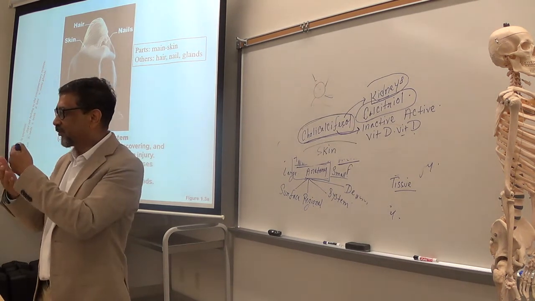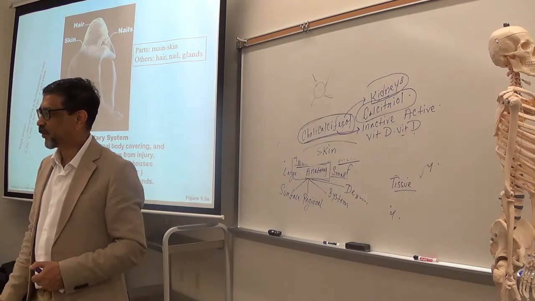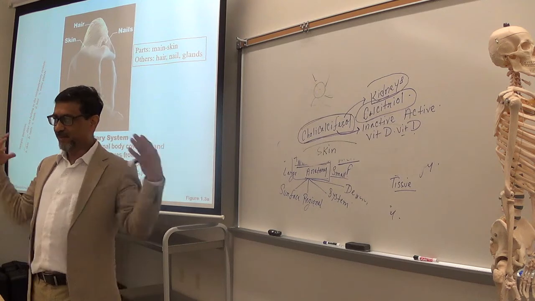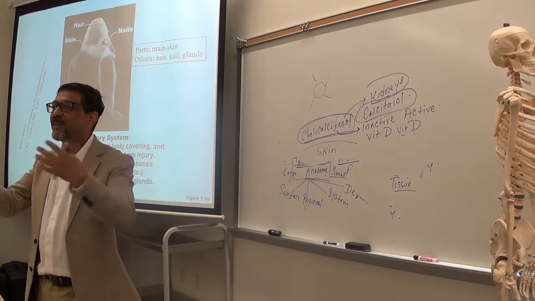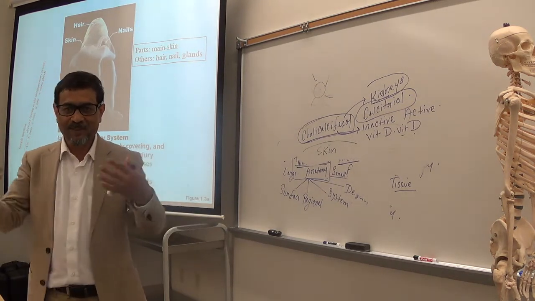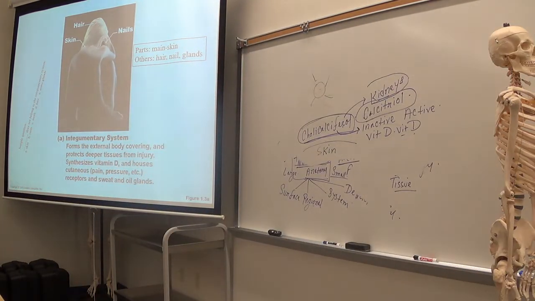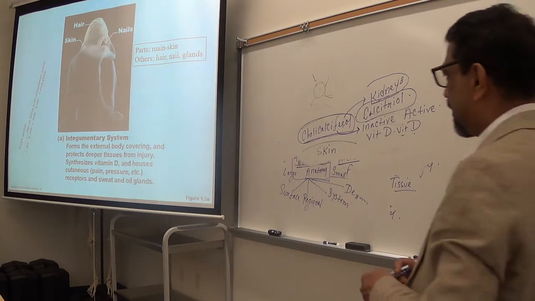If it is too cold, you don't want to stay there. So understanding the change of what? Environment. Atmosphere, right? So that is very important. So you see that integumentary system is important.